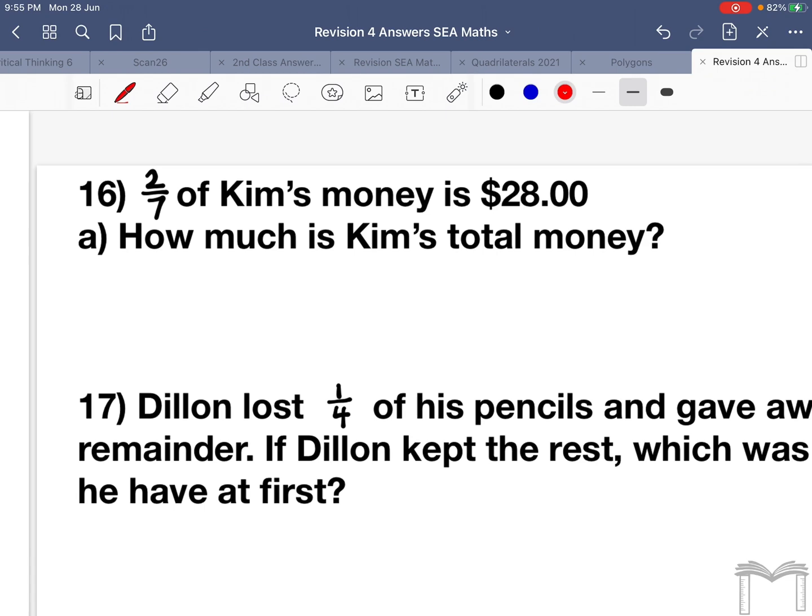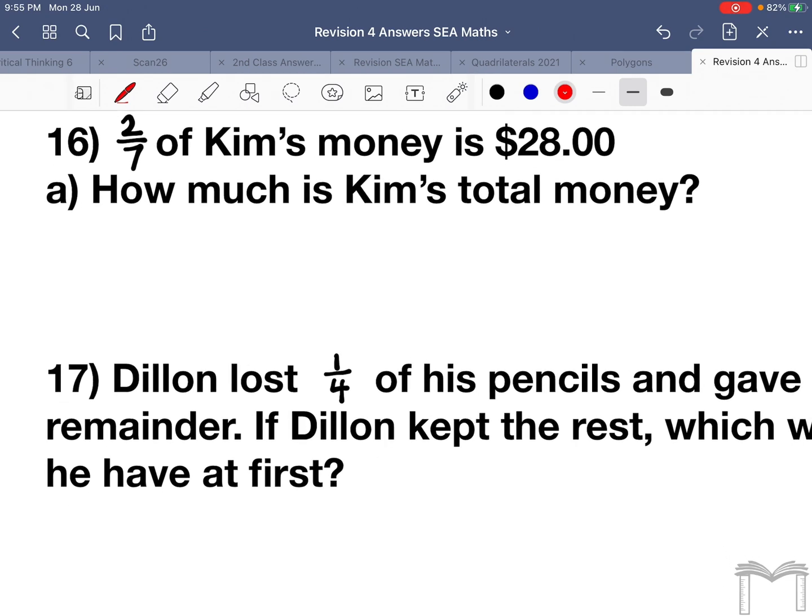So there are more than one ways that we can work this. Some persons say, well, if 2/7 is 28, then we can divide 28 by 2 to find 1/7.